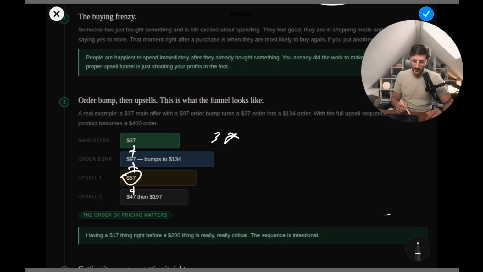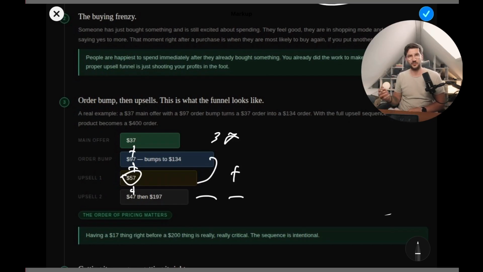Plus, then you have the 47. The idea is intentional because you don't always raise the price. You raise it for main offer, for order bump, you raise it, for upsell 1, for upsell 2. You're lowering the price. And so what's happening is order bump and upsell 1 goes the price up, for upsell 2 goes the price lower.